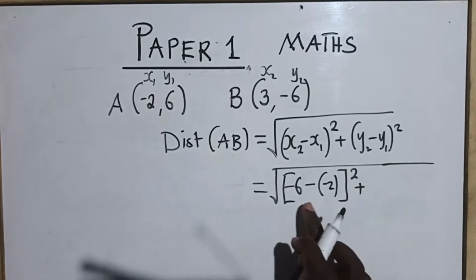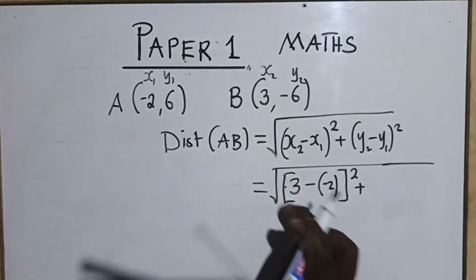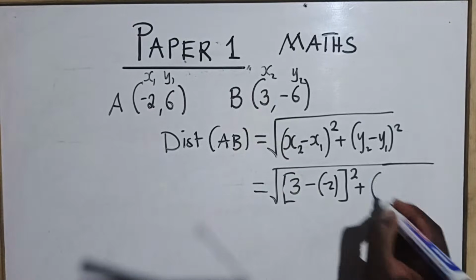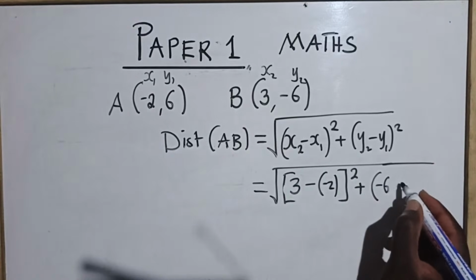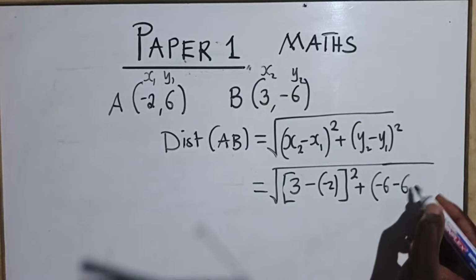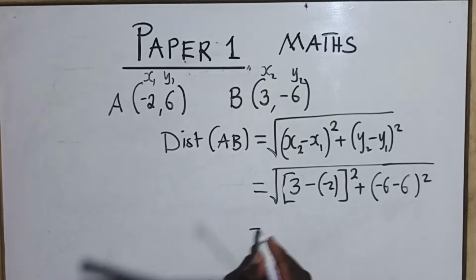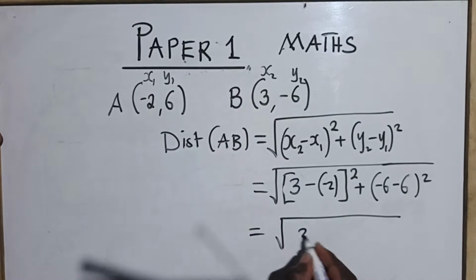Did I write the right thing? No. Our x2 is a 3. This is a 3. And then our y2 is a negative 6. That's what we have. Minus our y1, it's a 6. Power 2 there. So now we can work out things here. The square root of 3 plus 2 power 2.